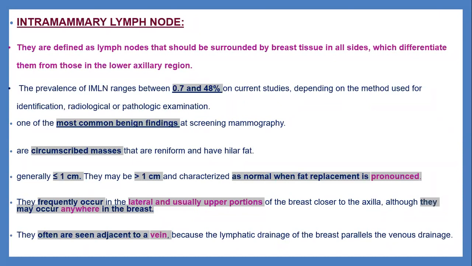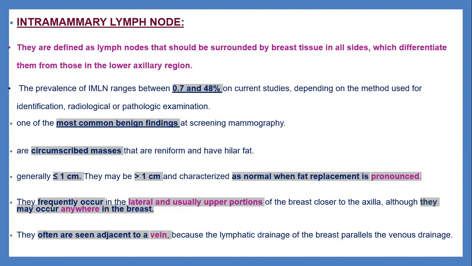It might be seen high up in the axillary tail, but when it is surrounded by breast tissue, we say this is intramammary rather than a lower axillary lymph node. Its prevalence ranges from 0.7 up to 48% in current studies, depending on the methods used, whether pathological or radiological examination.